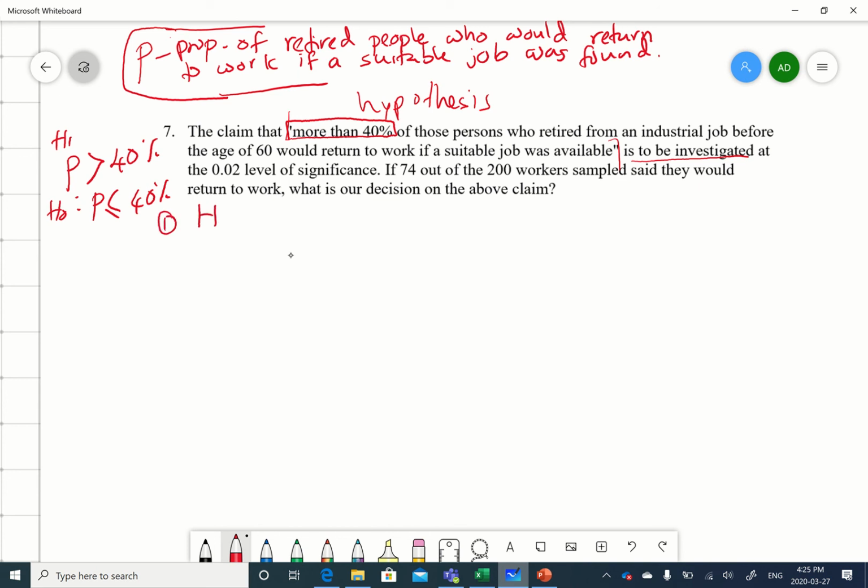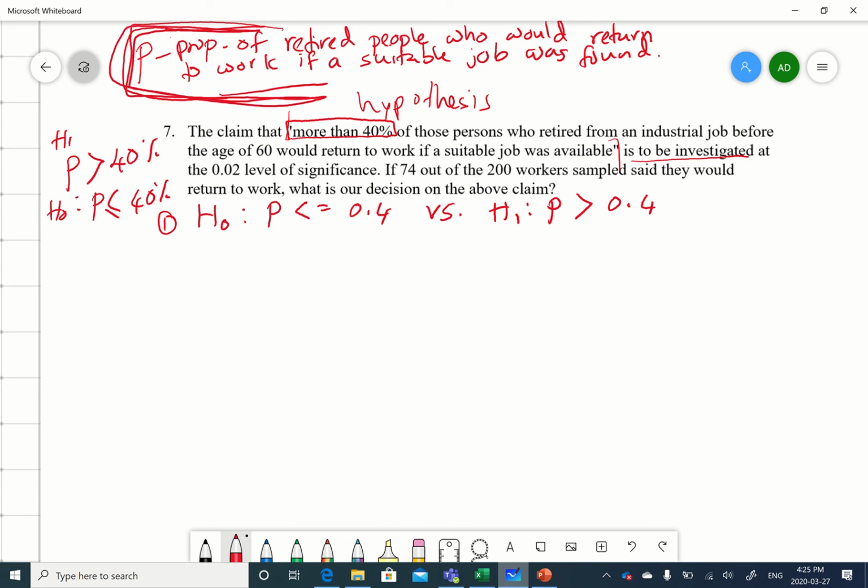So step 1: my H naught is P less than or equal to 0.4 versus my H1 is P more than 0.4. It's important you define what simple P means in actual words.